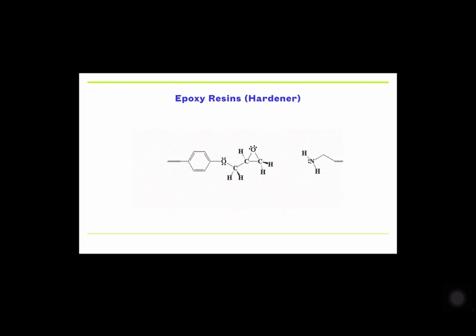Okay, so the amine group is coming, and it has some electrons. This is more reactive. It goes here, and then this is going to stabilize itself. Okay, and then later it will be polymerized.